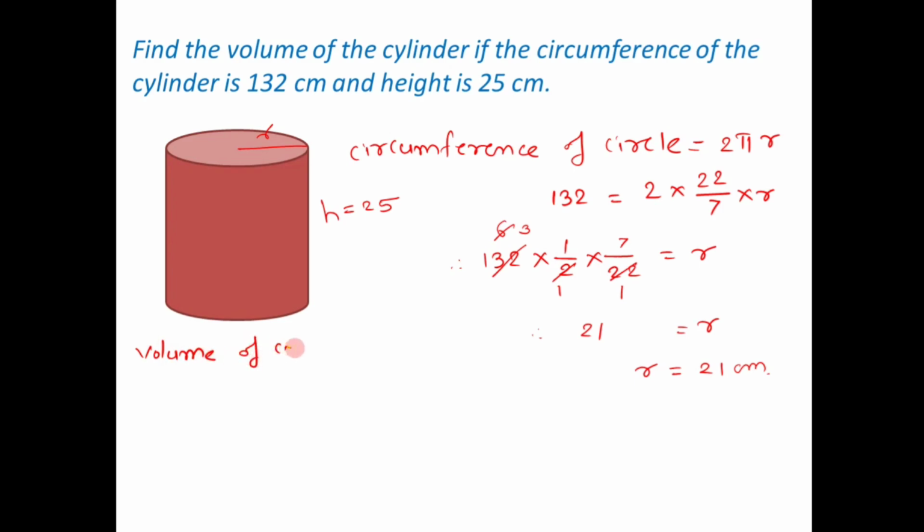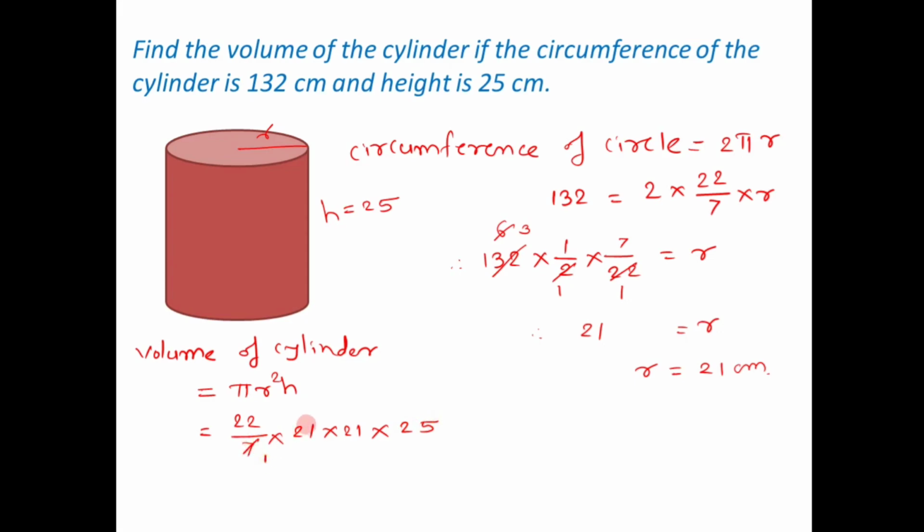So we have the formula for volume of cylinder as pi r square h. We take value of pi 22 by 7 into r square, radius is 21 and its square is there, so we should take 21 into 21 into height, that's 25.